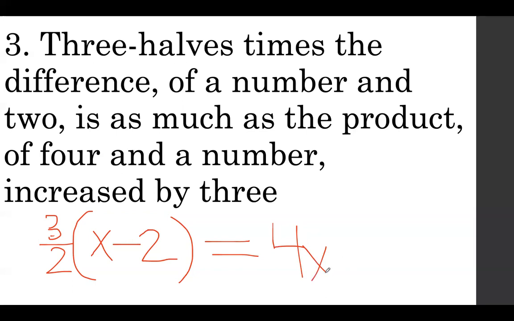So increased meaning adding plus 3. So all together we have 3/2 times the difference of x minus 2 equals 4x plus 3. Great job. Let's try the next one.